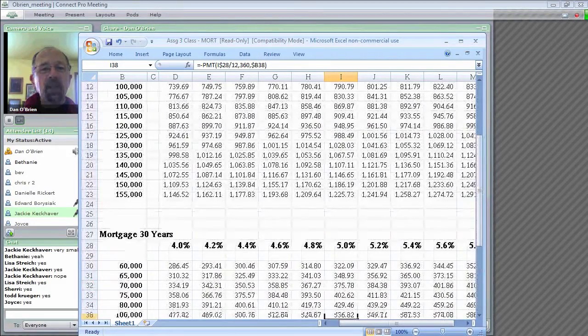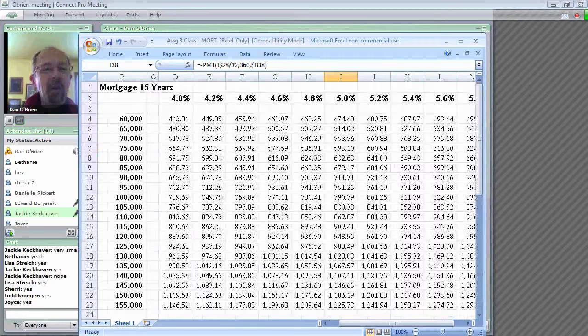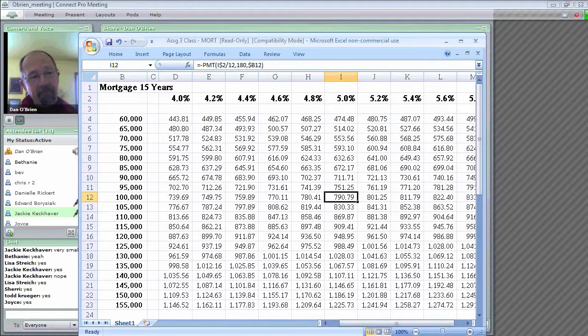A 15-year mortgage at 5%, $100,000 is saying $790. That'll also help you decide, do I want to get a 15-year mortgage or a 30-year mortgage? Well, if I get a 15-year mortgage, after 15 years, I just can party. I don't have any mortgage. I can celebrate. But you have to look at the payments.